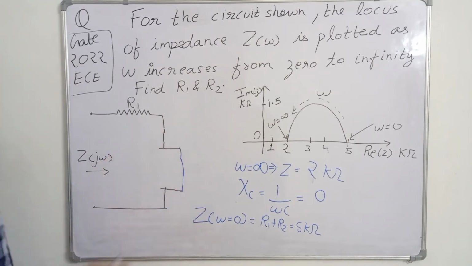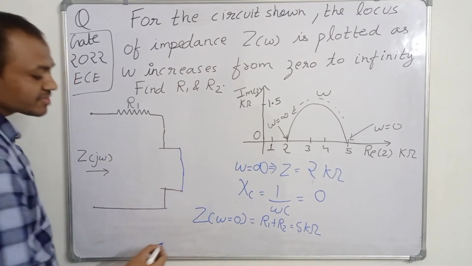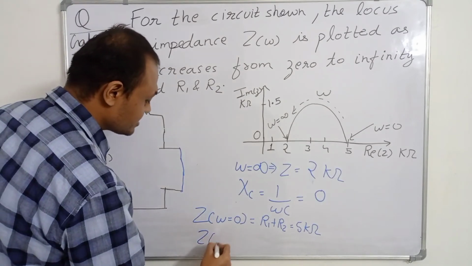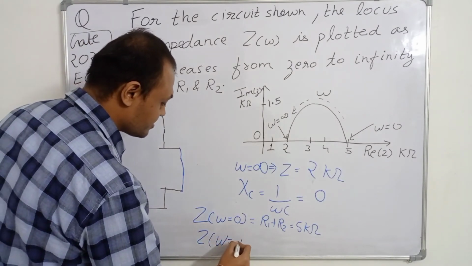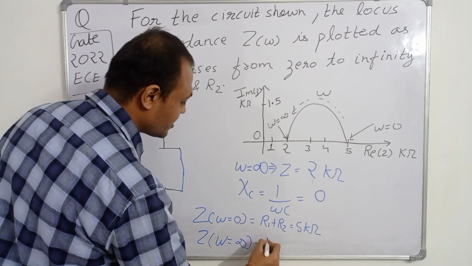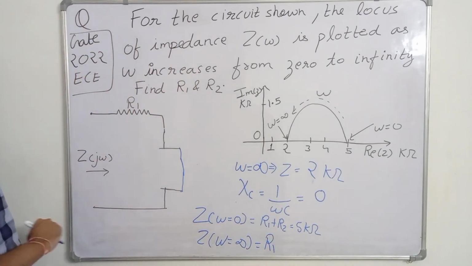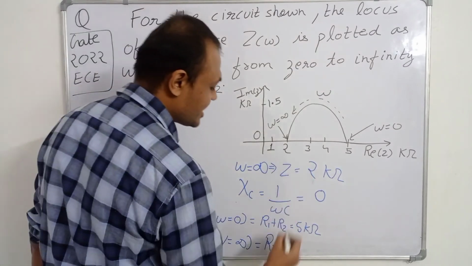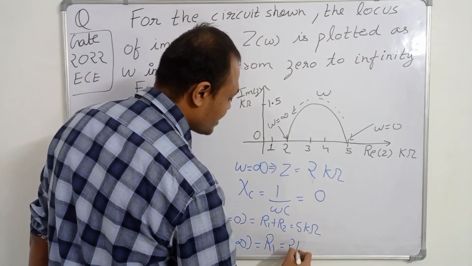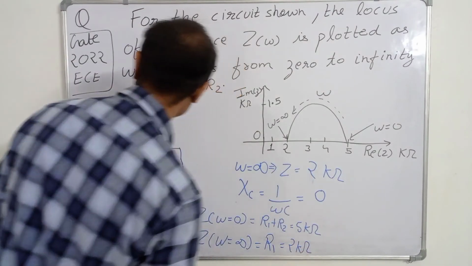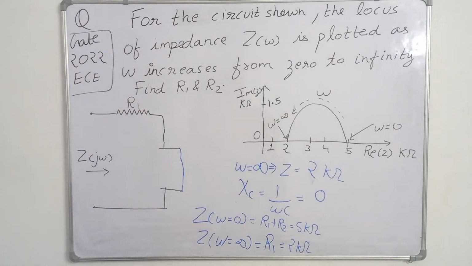So at omega equal to infinity, the impedance consists of only R1, and this is given as 2 kilo ohm. So we have found the value of resistance R1 as 2 kilo ohm.